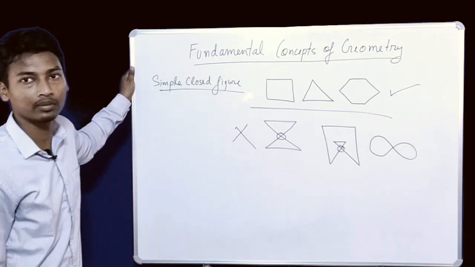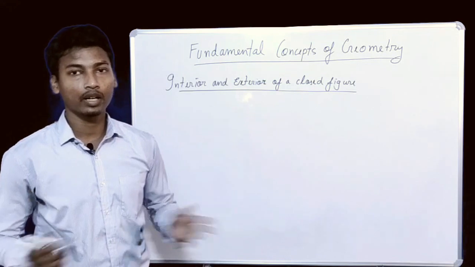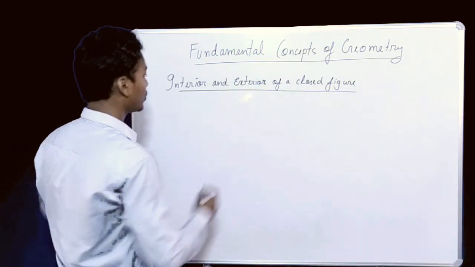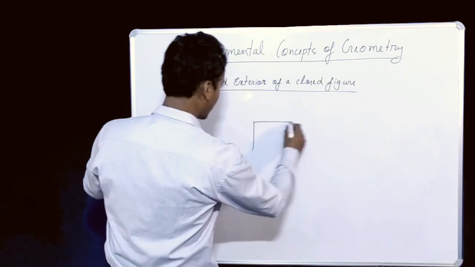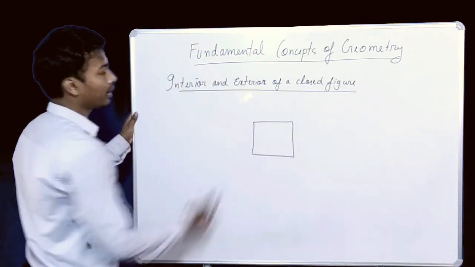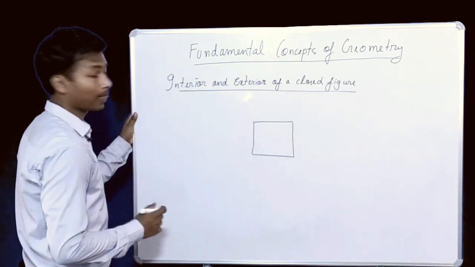not intersect itself. Now let's understand the interior and exterior of a closed figure. So let's take an example of a square shape and understand the interior of the square and exterior.